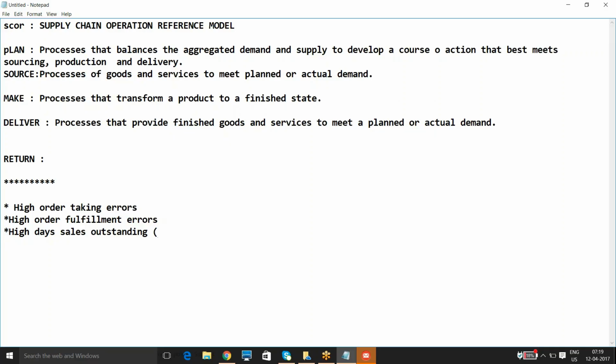The third is also called DSO. So high order taking errors.